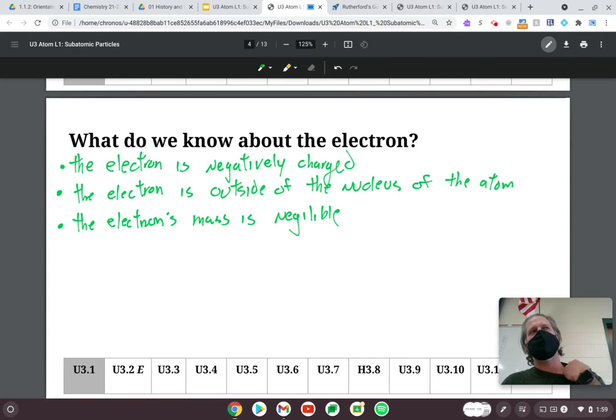Now, I'd like to give an example of what negligible actually means. If you look at any of the cars outside in the parking lot, many of those cars probably have a weight of somewhere around 1,500 to 2,000 pounds, depending on the car. If I took the engine out of any of those cars, the mass of the car itself would decrease significantly. Does that make sense? But if instead of taking out the engine, I took out one singular screw or bolt, that would not change the mass of the car very much at all.